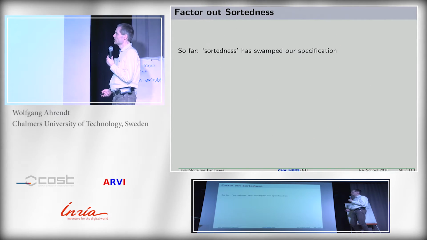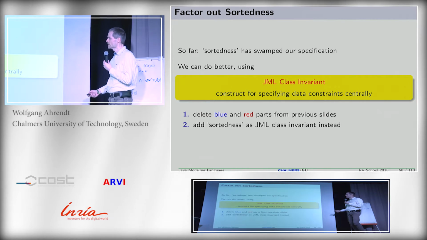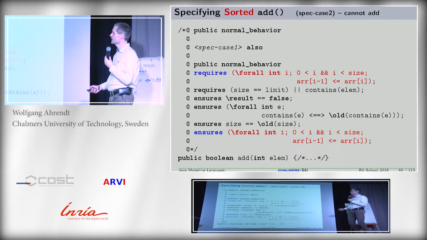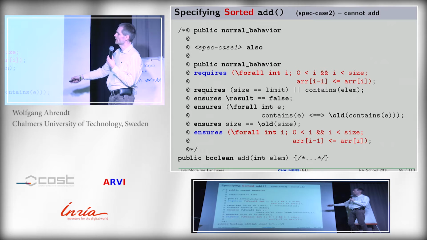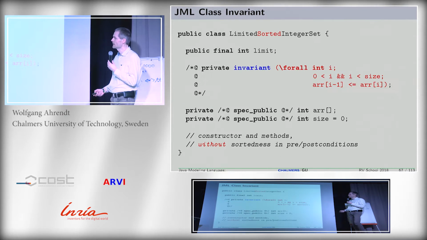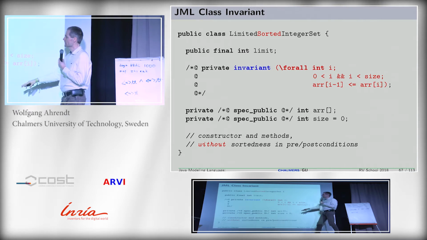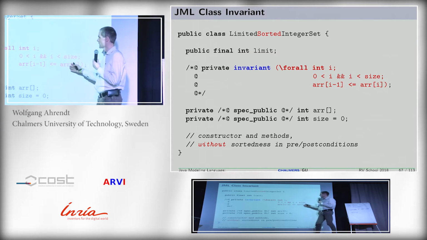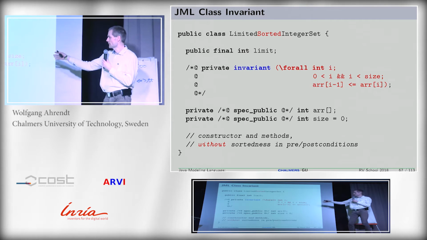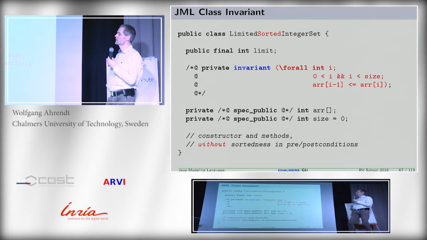Here again. So instead of that, we use JML class invariants. All these blue things here will be deleted now, and instead I formulate an invariant here on the data in this class, which says exactly that this array here is sorted, and that is an invariant.